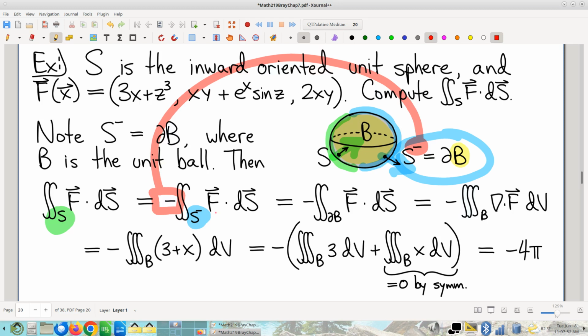Being as that blue surface is a boundary, I can apply the divergence theorem, and the divergence theorem tells me that that flux integral is computed by that triple integral over the ball.